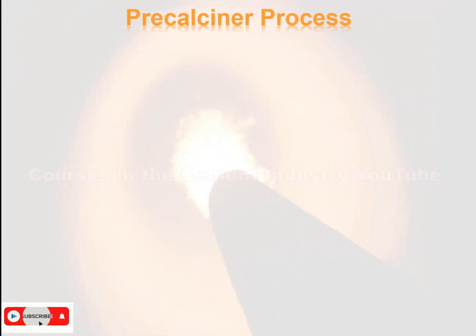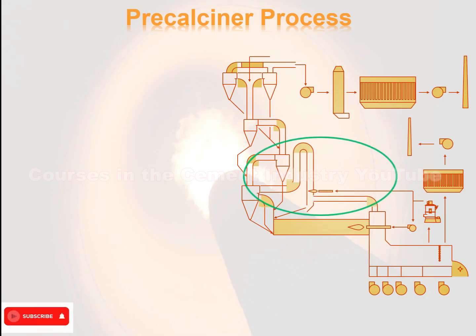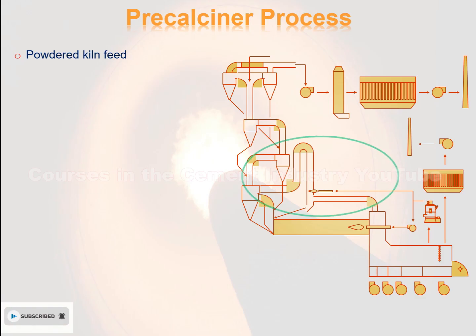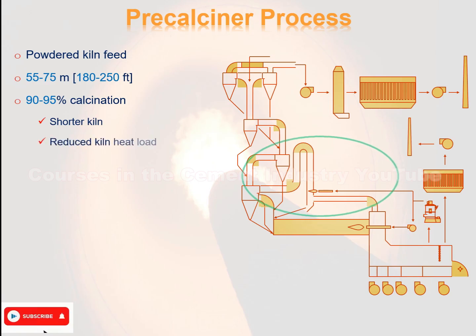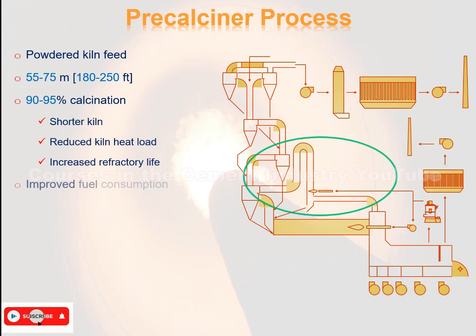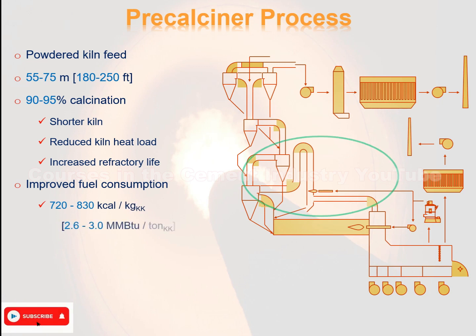4. Precalciner process. Powdered kiln feed. The length of the kiln is approximately 55 to 75 meters. 90 to 95% calcination. Shorter kiln. Reduced kiln heat load. Increased refractory life. Improved fuel consumption: 720 to 830 kilocalorie per kilogram.